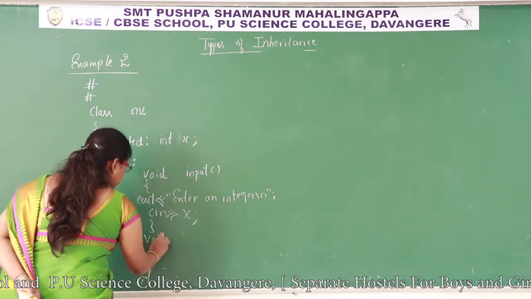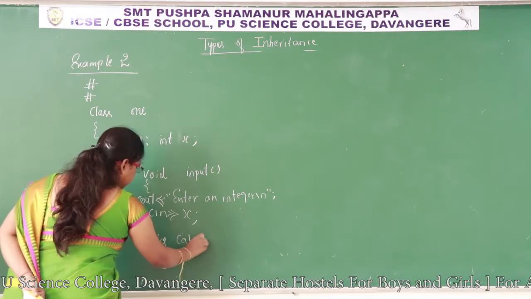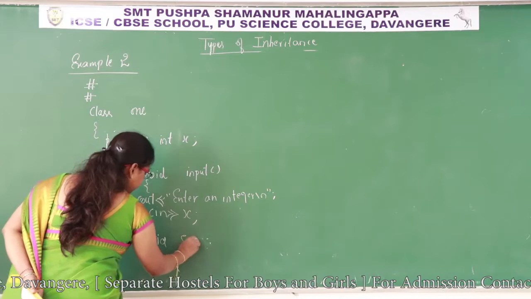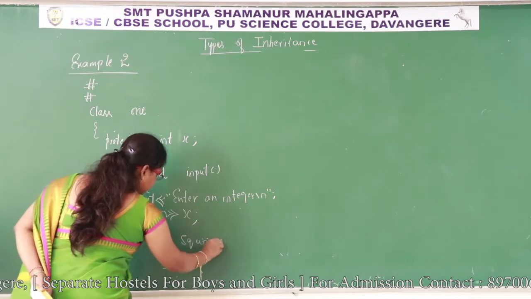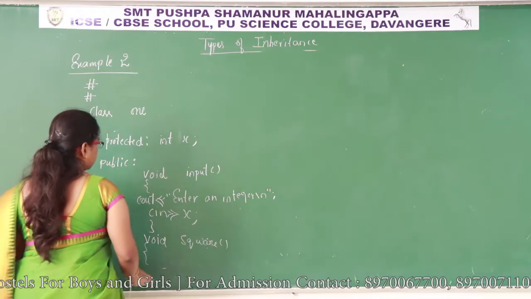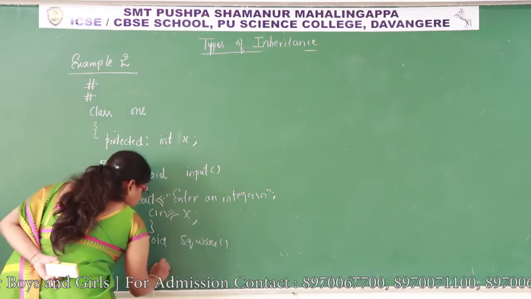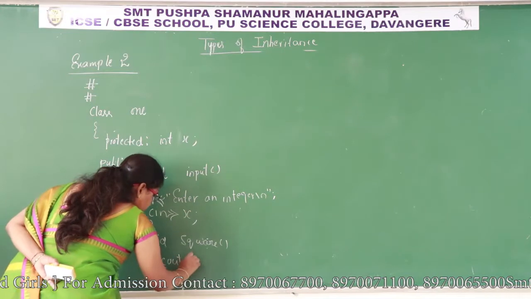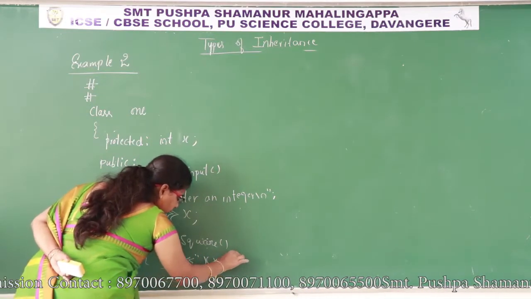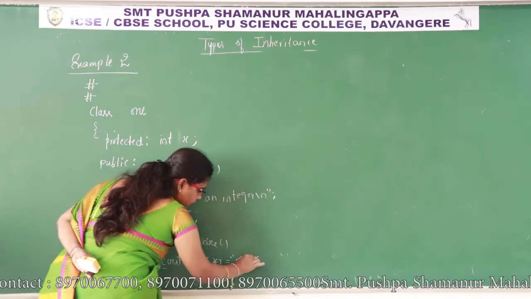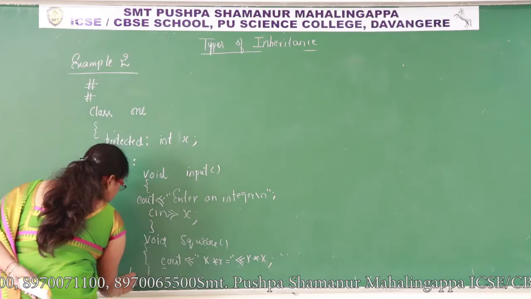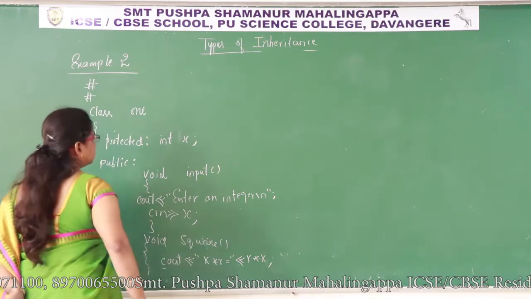Void cal, and the square. This function has to calculate the square of the given number. Cout insertion x star x is equal to x star x, close, semicolon.